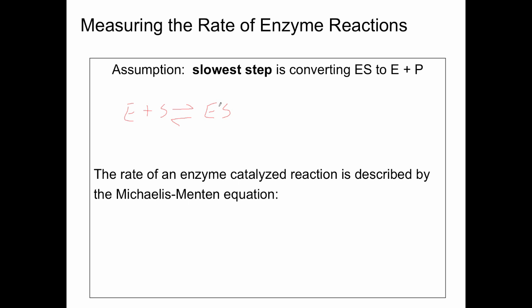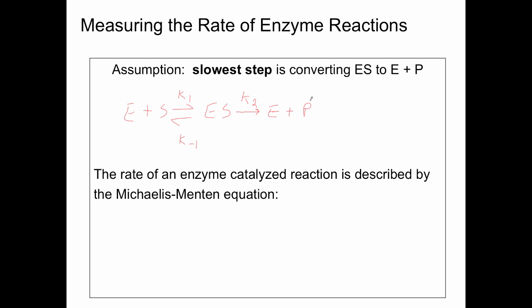And so we have an enzyme-substrate complex. This is a reversible reaction that's governed by two different rate constants, K1 and K-1. And from here, the enzyme-substrate complex can then proceed to enzyme and product. And this is governed by a rate constant called K2.